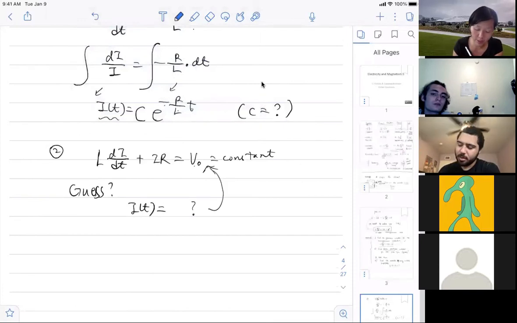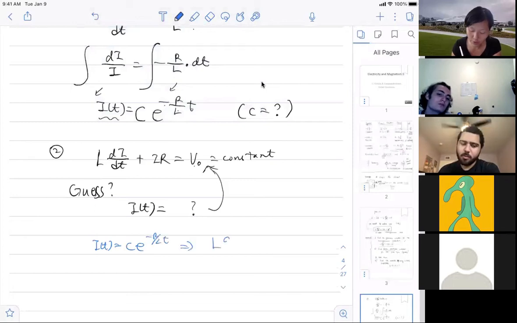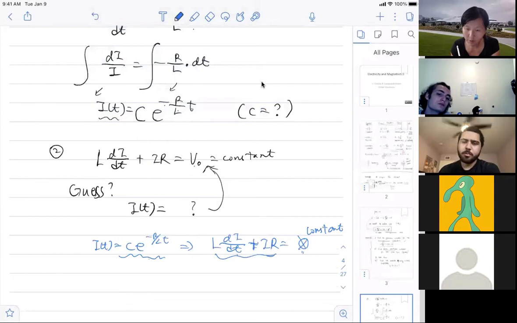So if I know that this solution, when I plug it into this equation, gives me 0, but I want this to be non-zero, some kind of constant. Somewhere along the way, if I can make a constant come up, that will work, right?